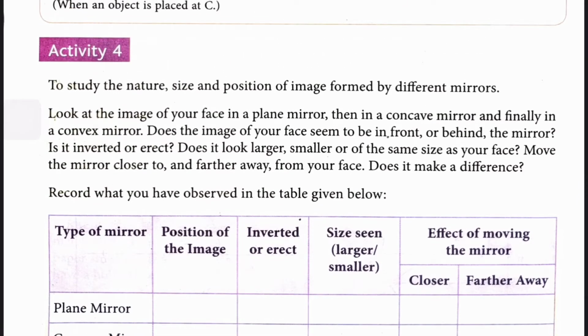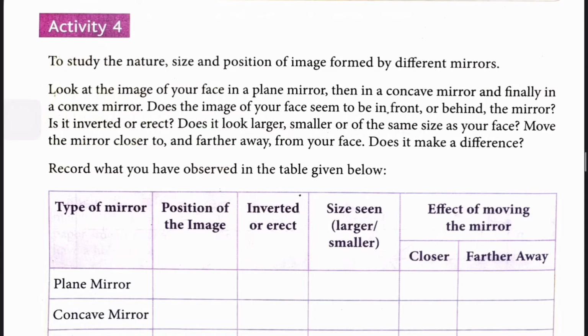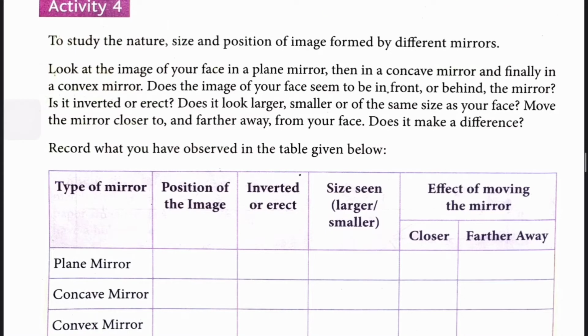In this activity, we study the nature, size and position of the image formed by different mirrors. Look at the image of your face in a plane mirror, then in a concave mirror and finally in a convex mirror. Does the image of your face seem to be in front or behind the mirror?